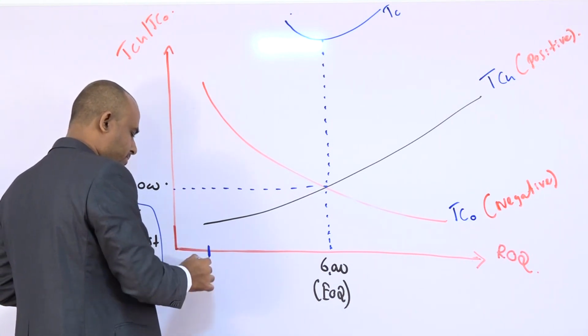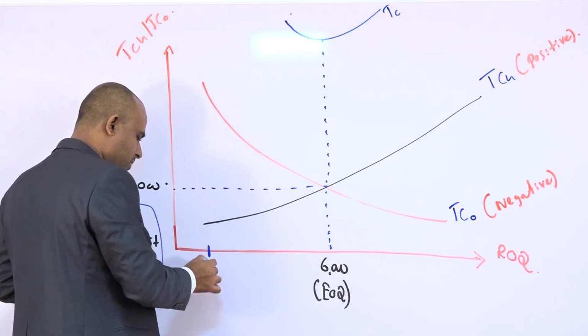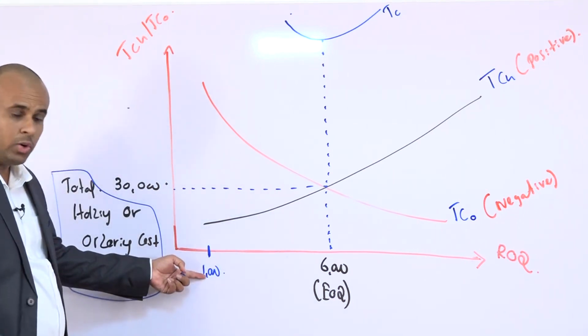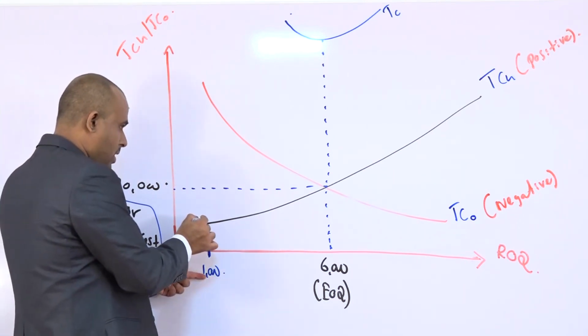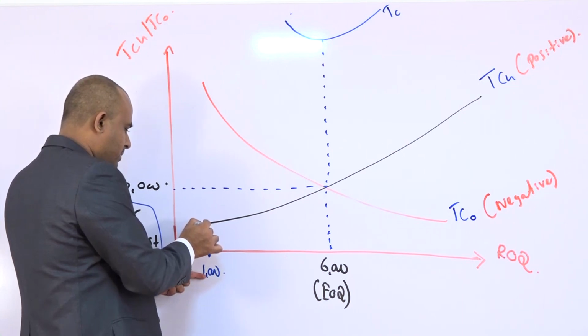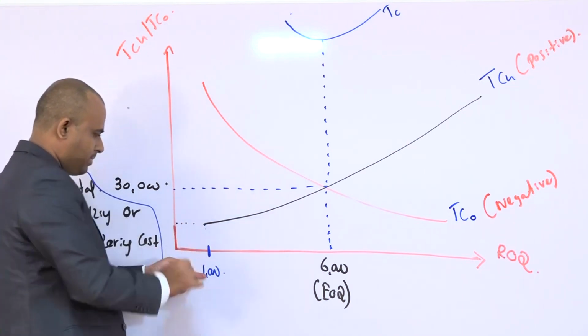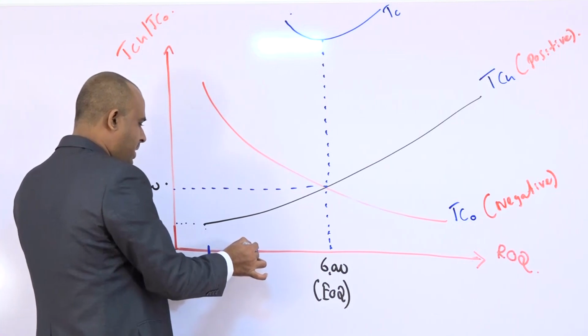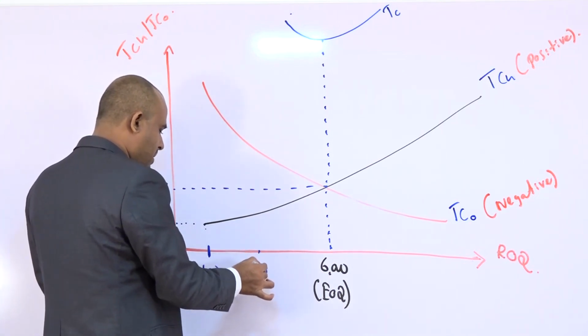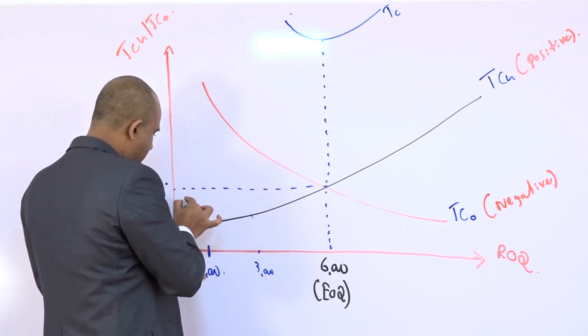Let's say when the ROQ we'll take it as 1000 here. When the ROQ is 1000, this cost is recorded at this stage. But when it's increased to, let's say, 3000, it has been recorded at this stage.